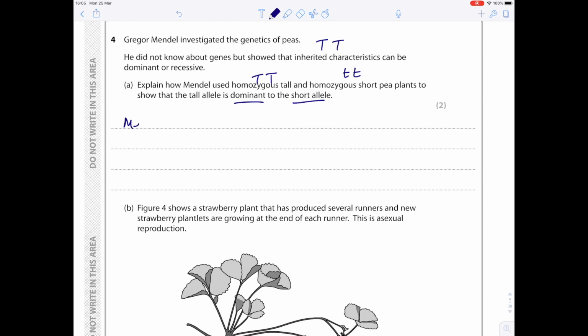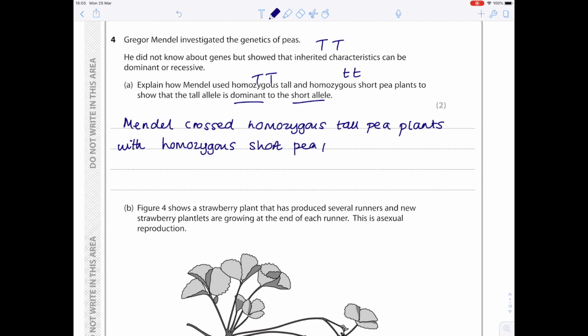So first of all, Mendel crossed homozygous tall and homozygous short pea plants. The fact that all the offspring were tall showed to him that the tall allele is dominant.